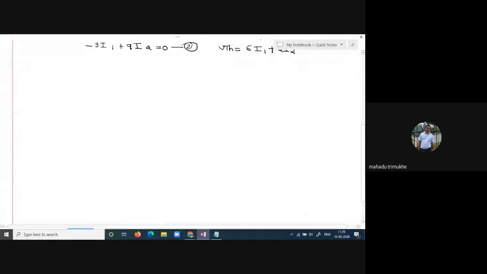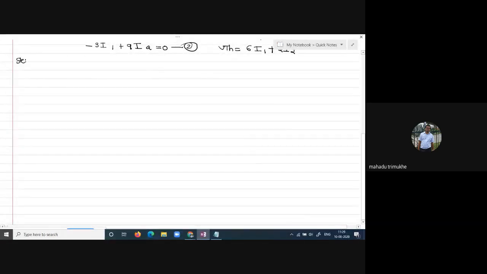Then step number 2 is calculation of RTH.